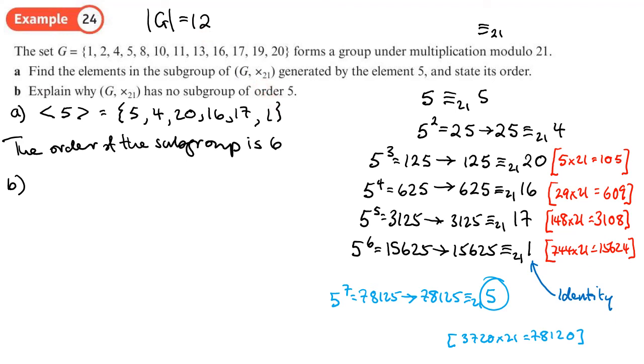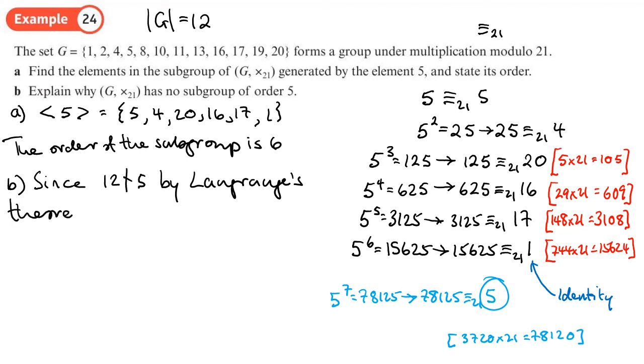Okay, so since 5 does not divide 12 by Lagrange's theorem, and we should really state that when we use it, there is no subgroup of order 5.